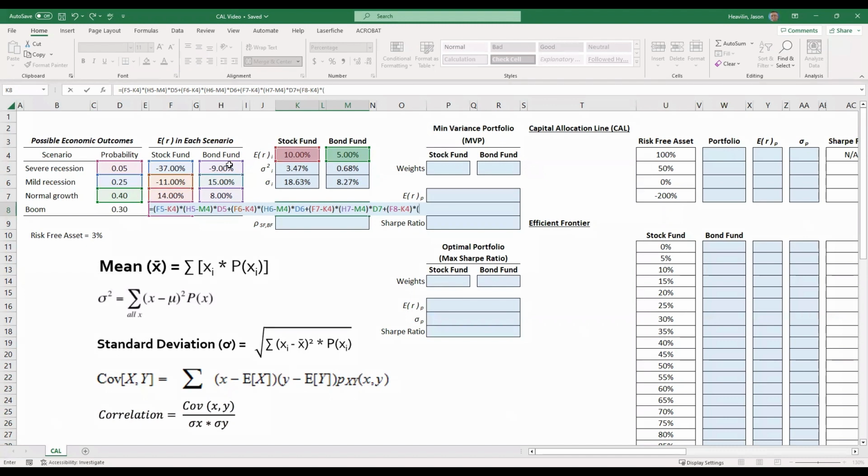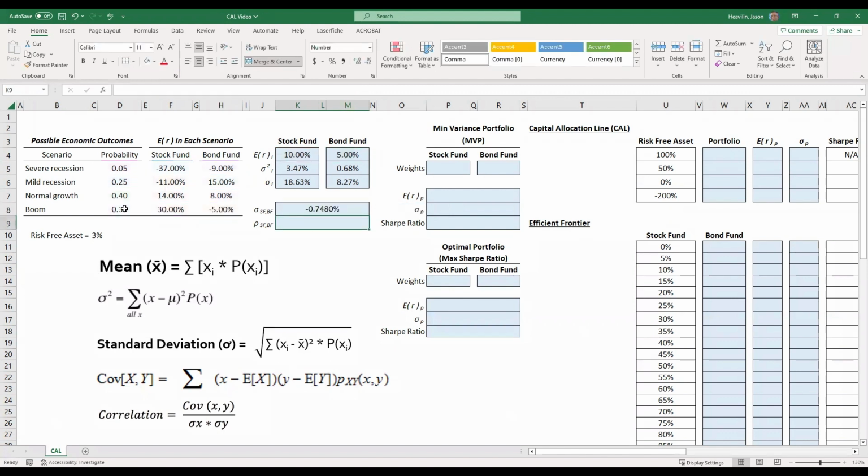So I'm just going to write it in, which is H8 minus the M4. And then we're going to multiply by the probability. And that is the covariance of these two funds. And that completed this formula.